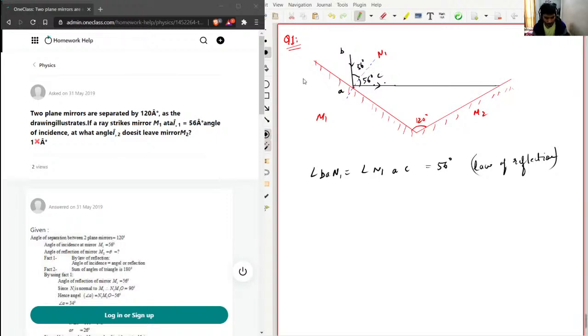When this ray is striking this mirror, I will draw a normal which will be perpendicular to this. Now we are going to just play with the angles.